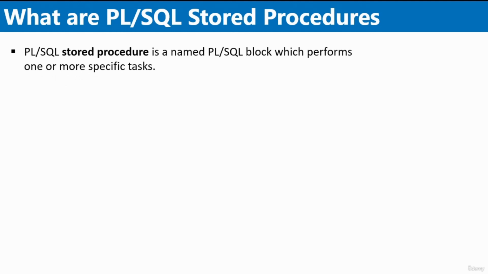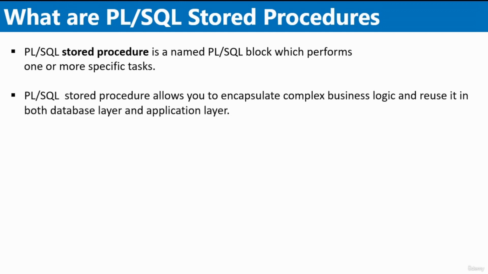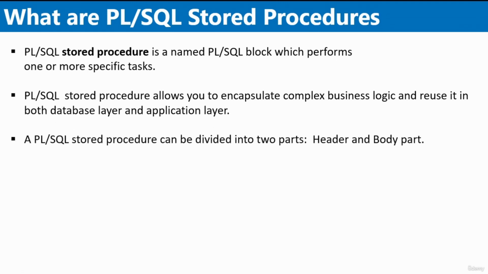PL SQL procedures allows you to encapsulate complex business logic and also to reuse it in both the database layer and the application layer. A PL SQL Stored procedure can be divided into 2 parts, the header and the body part.